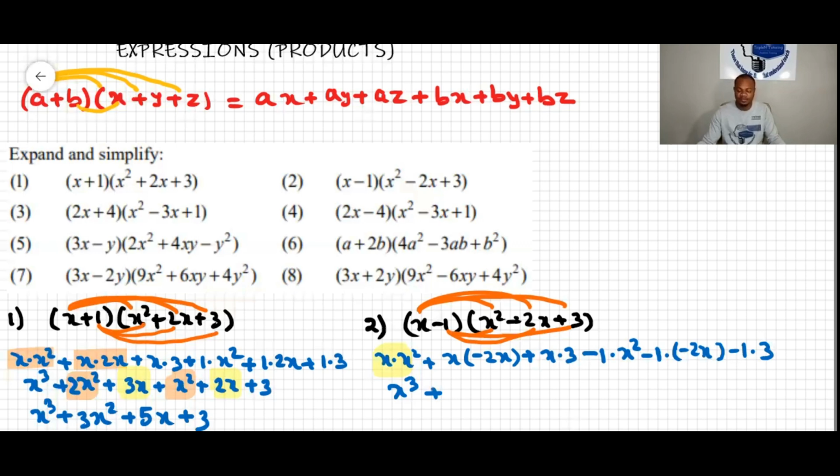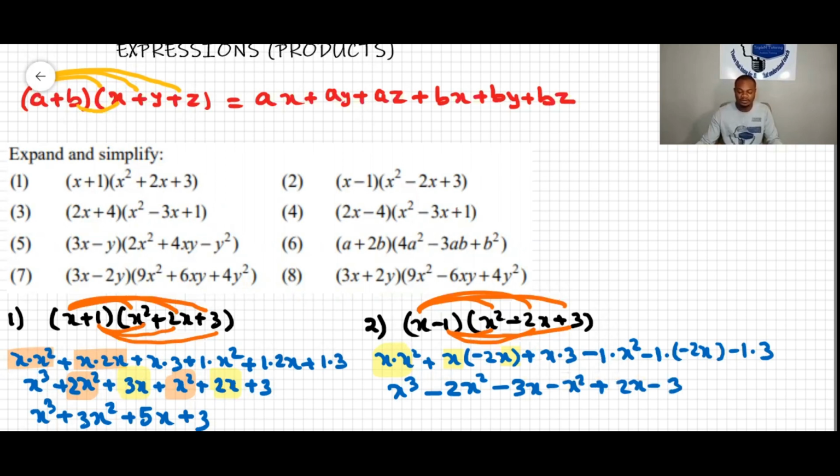The positive and the negative make negative, so that becomes negative 2x squared, and then plus 3x. Now, negative 1 times x squared makes negative x squared. And negative 1 times negative 2x: negative and negative make positive, positive 2x. The product of two negatives makes positive. And negative 1 times 3 makes negative 3.